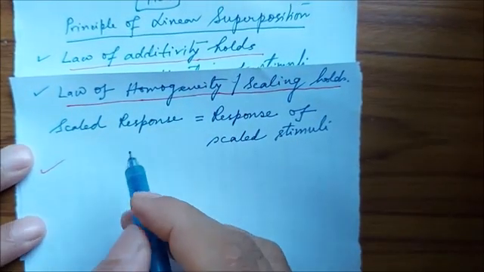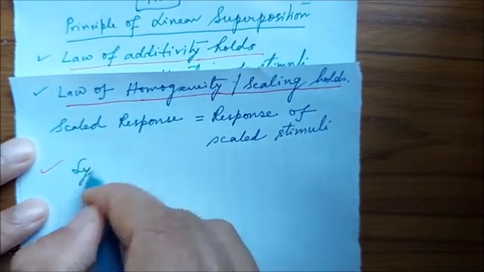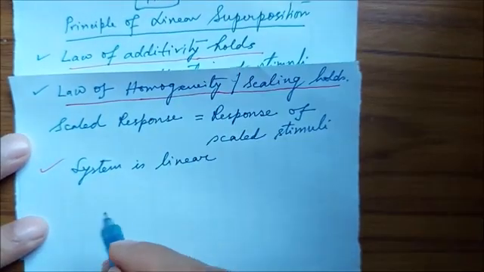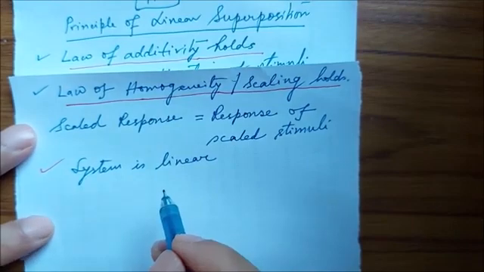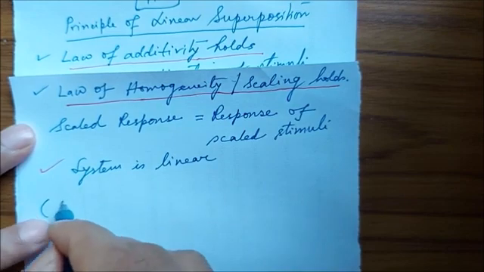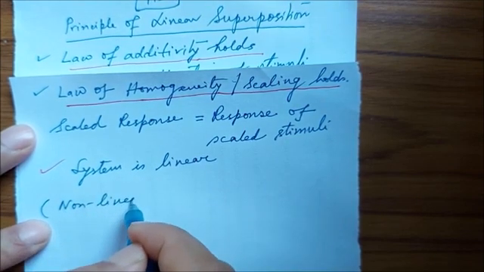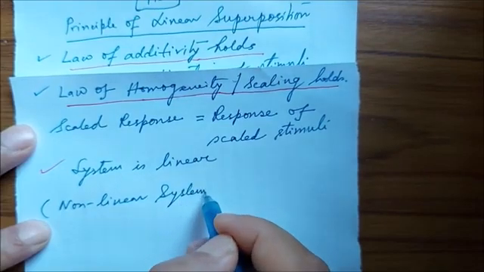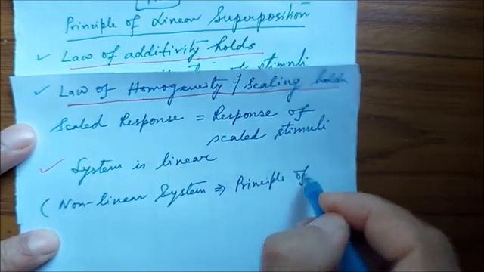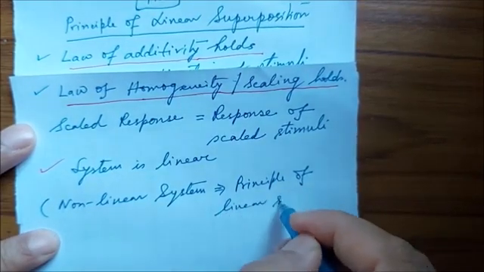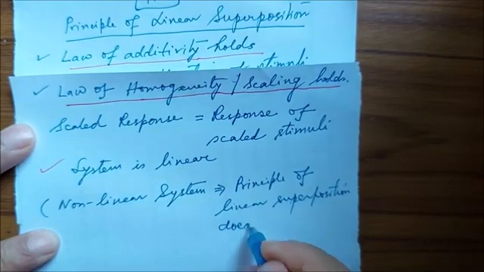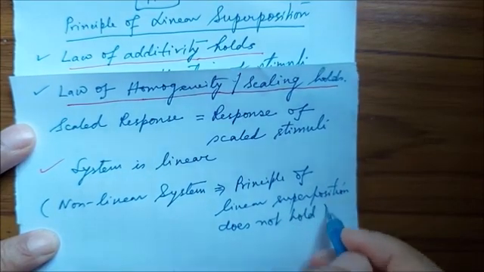If the principle of linear superposition holds, then the system is linear. And if the principle of linear superposition does not hold, then we say that the system is non-linear. So we can write, in a non-linear system, the principle of linear superposition does not hold.